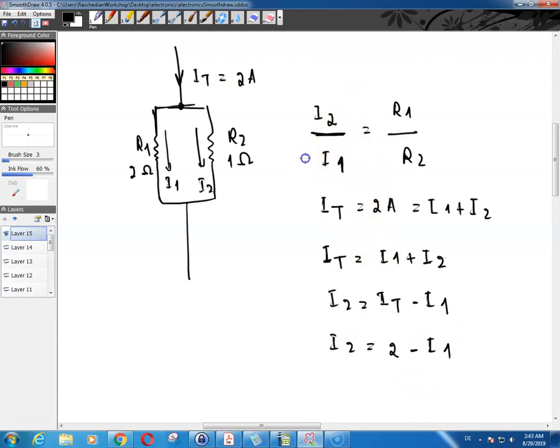So I can rewrite this equation as I2, which is 2 minus I1, over I1, is equal to R1 to R2, which is 2 to 1, which is 2.